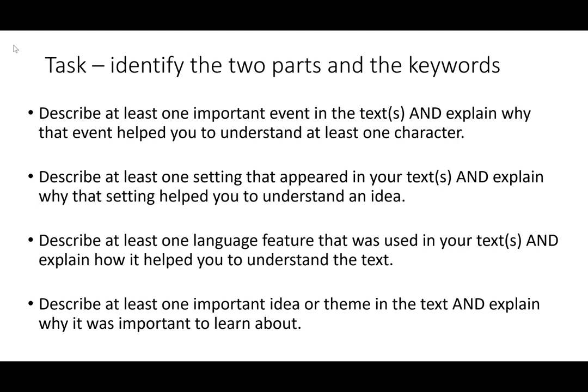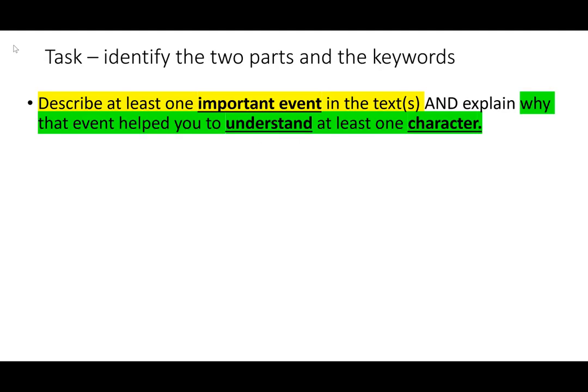Okay, so I'm assuming that you've unpaused the video and you've come back to this and you're ready to have a check through. So I've done the answers for us on the next slide, and you can see if you've got them roughly like that. Describe at least one important event in the text and explain why that event helped you to understand at least one character.